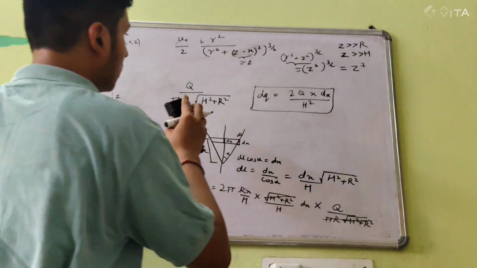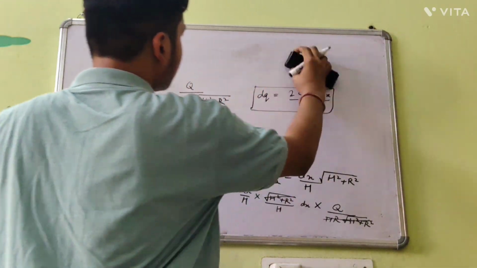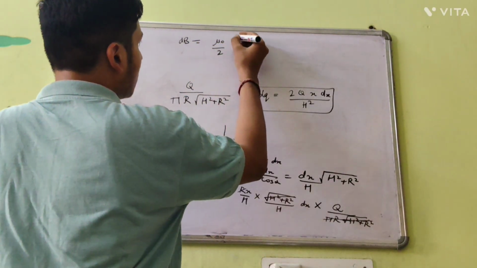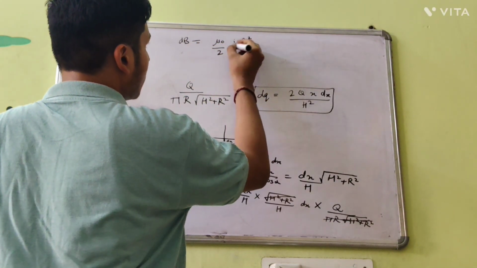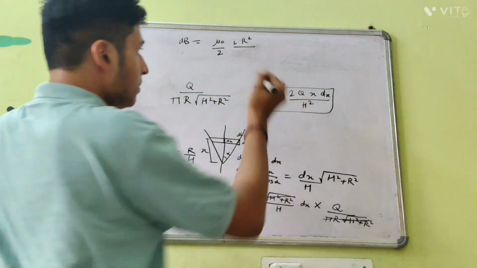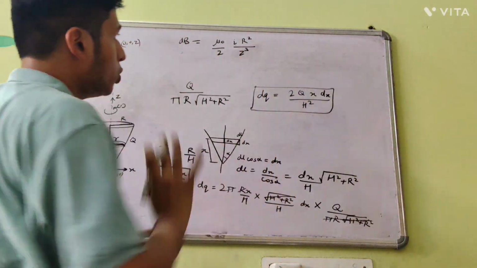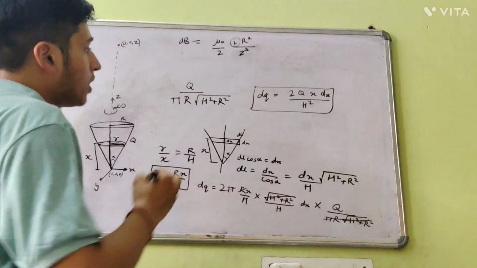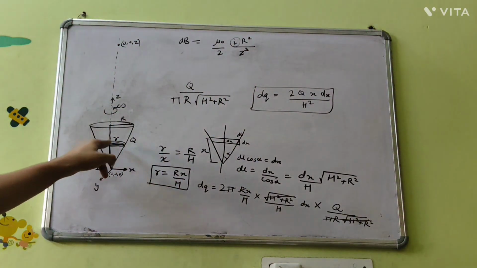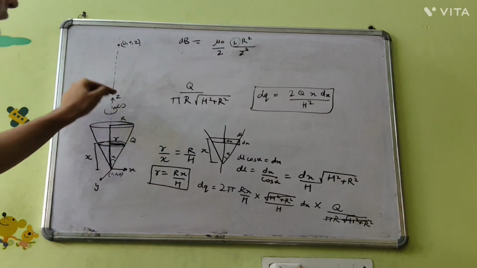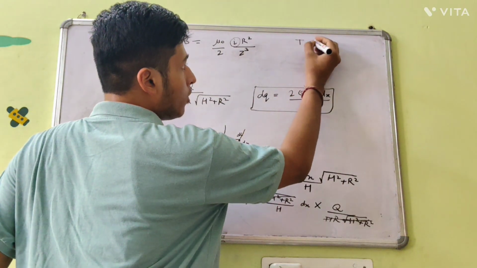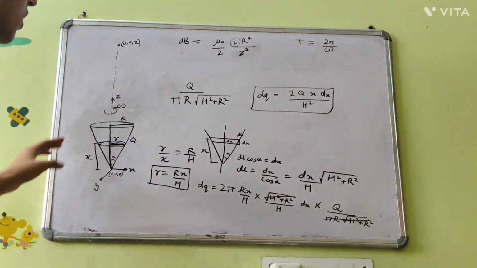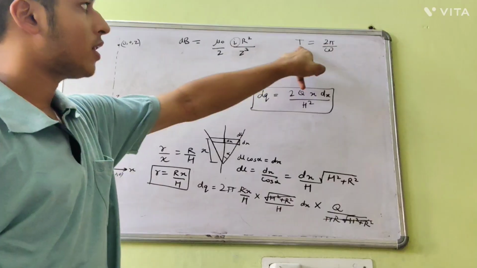So the magnetic field is simply dB equals mu naught by 2 I r square upon r square plus z square to the power 3 by 2, that became z cube. Now what will be the current? Since this ring is rotating with angular velocity omega, the time period of its rotation will be 2 pi by omega, because time is angle upon speed.